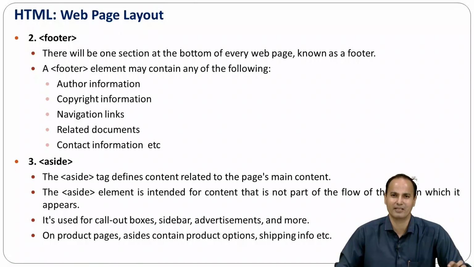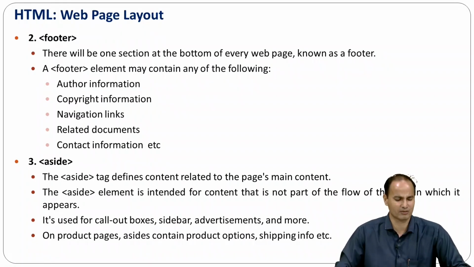The header will have a title or logo, and in the footer we will definitely find information like the authors of the web page, copyright information if copyright is involved with the content, navigation links to the next web page, related documents concerning that web page, or even contact information.